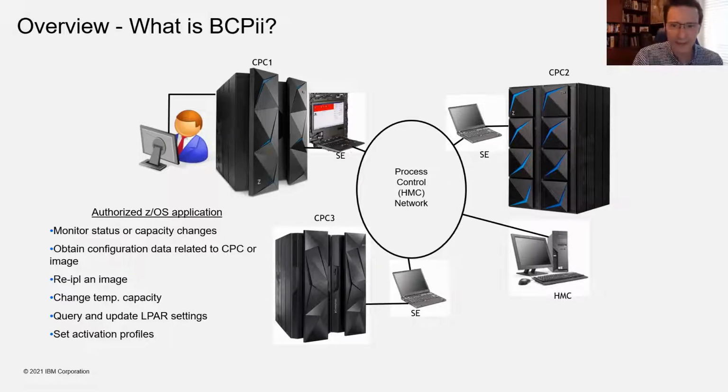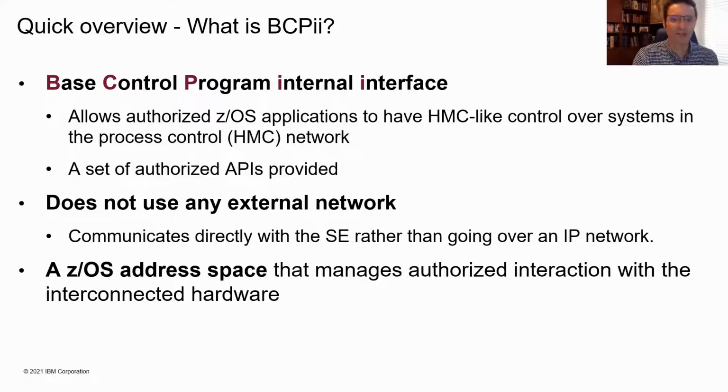So this is kind of what BCPii is. It stands for Base Control Program Internal Interface. And again, it allows these applications to have HMC-like control over all the systems in the process control network. It applies to both CPCs, it applies to images, it applies to capacity records and activation profiles.